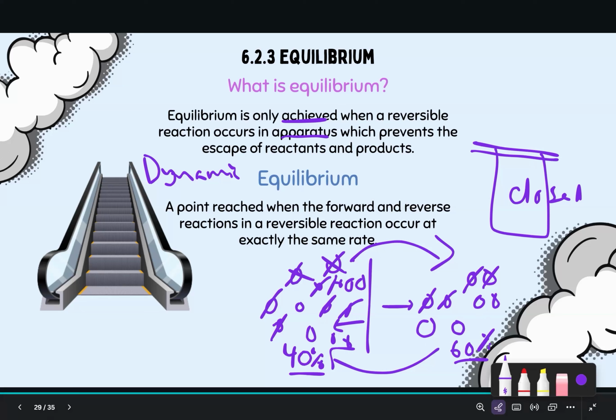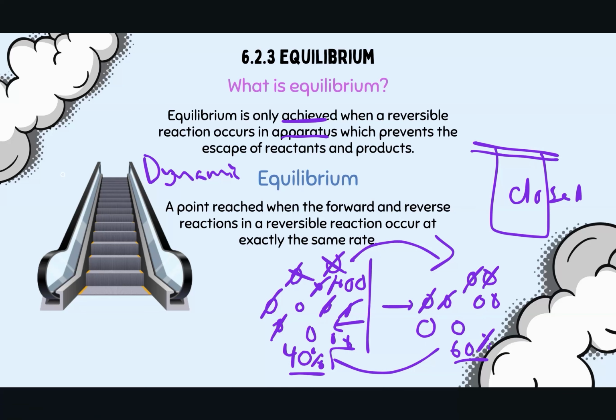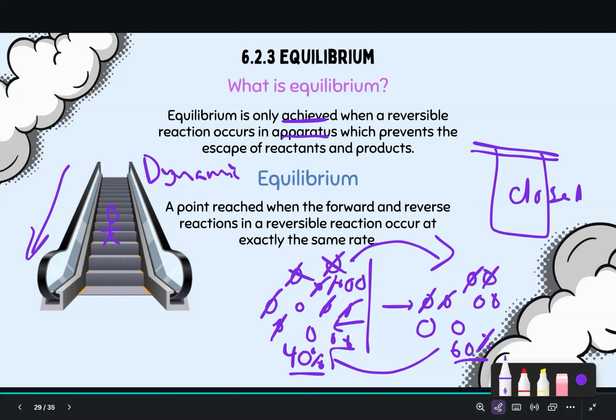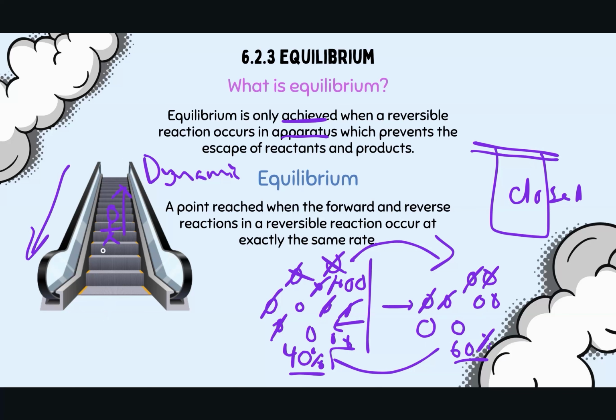So dynamic equilibrium is a little bit like an escalator that's going downwards and a child that's trying to run up the escalator. And it's possibly something we've all tried when we were younger. But what happens at a certain point is a person's running upwards, the escalator is moving downwards, but the person is no longer able to move beyond a certain point.